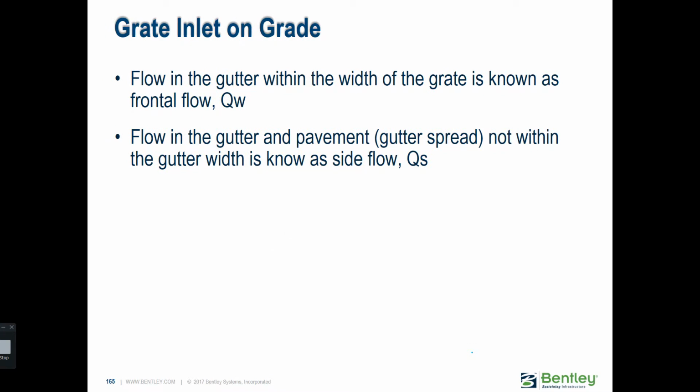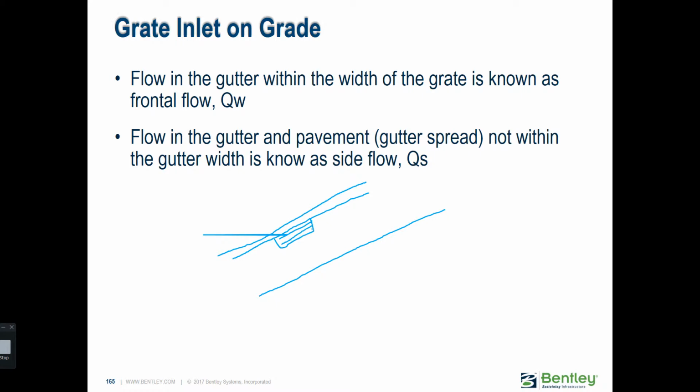Okay, we talk about inlets on grade and in sag. When you have inlets on grade, we talk about frontal flow and also side flow. So let me see if I can draw this. If we had our little street here, that's the walkway, and this is our road. And over here we have our grate.